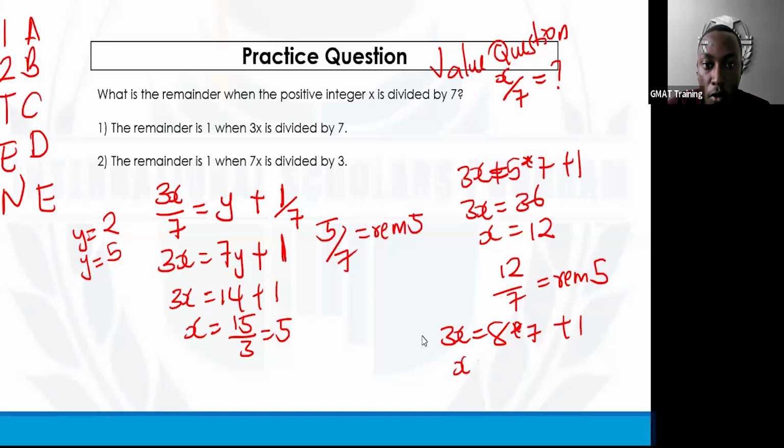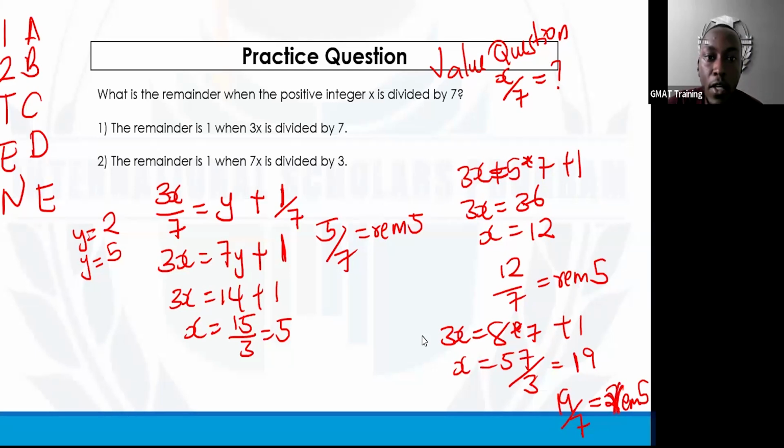So x will be 57 divided by 3, which is 19. If you divide 19 by 7, this will be 2, because of 14, and then we'll have a remainder of 5.